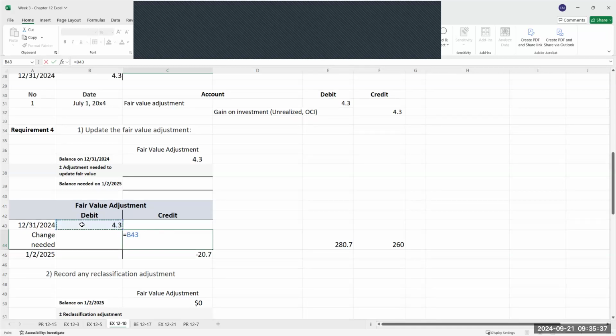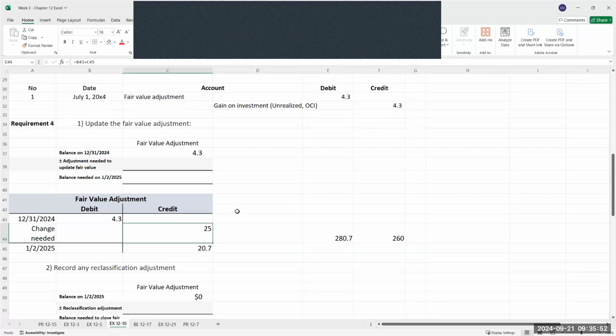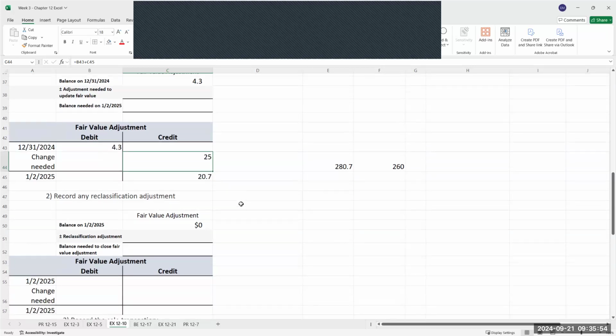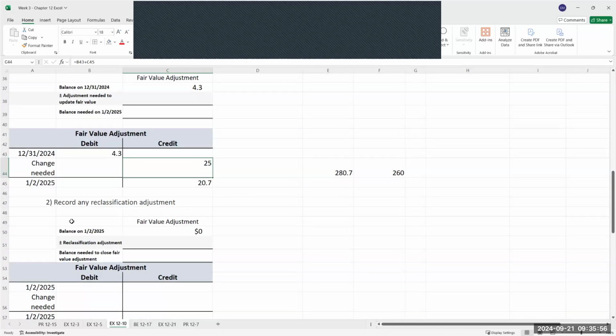Originally there was an increase of 4.3, but now we sold it for a loss. So therefore, the change that's needed is we need to credit our fair value adjustment for 25 million. All right, so we need to account for it.